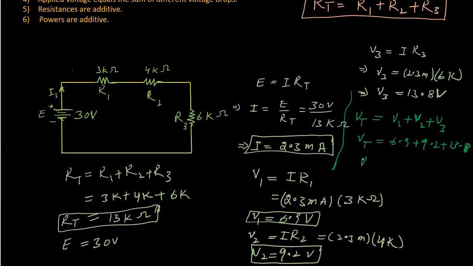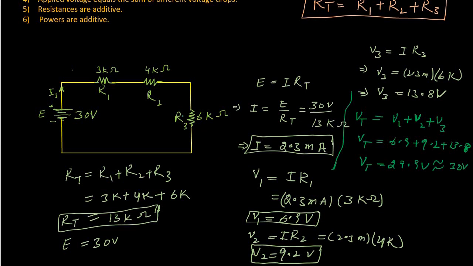So the resulting voltage drop is 29.9 volts, which is approximately equal to 30 volts. So it is proved that the voltage supplied by this DC voltage source is equal to the sum of the voltage drops across each resistor in this circuit.